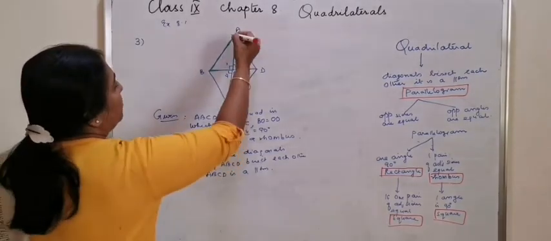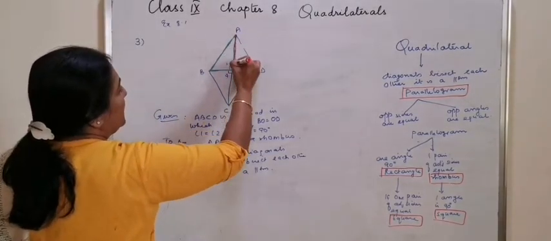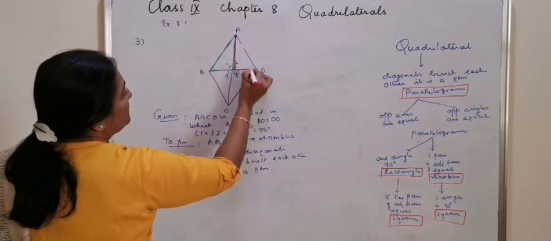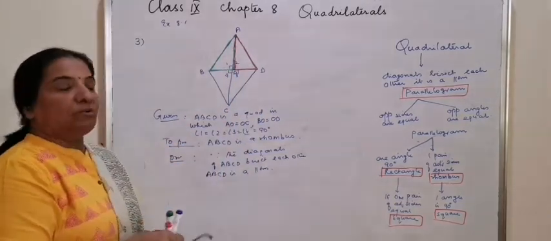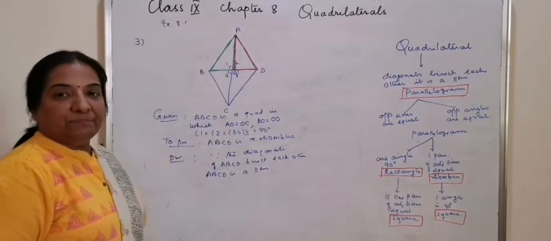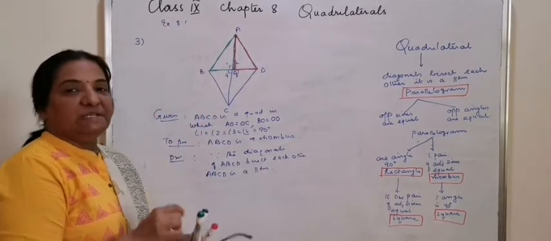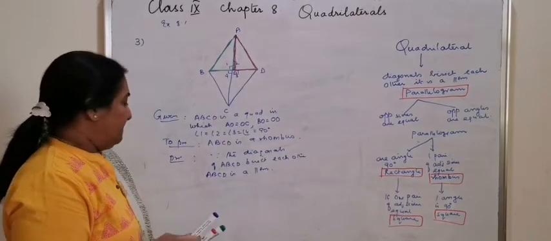If you can prove triangle AOB and triangle AOD are congruent, you will get a pair of adjacent sides equal, and then you can prove ABCD is a rhombus.